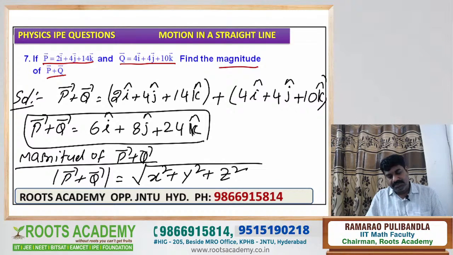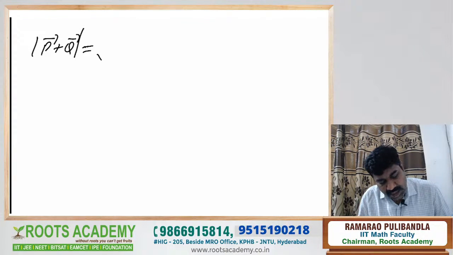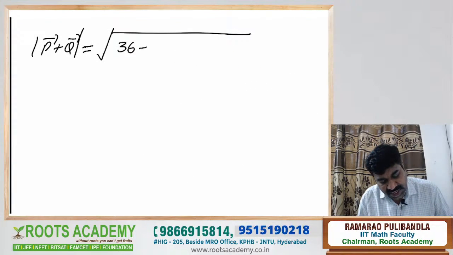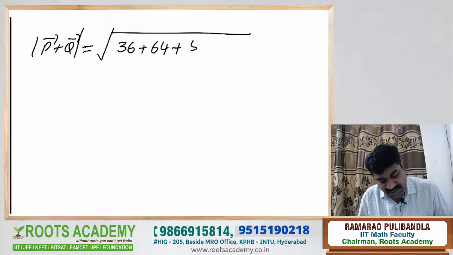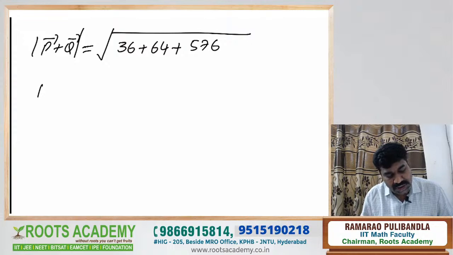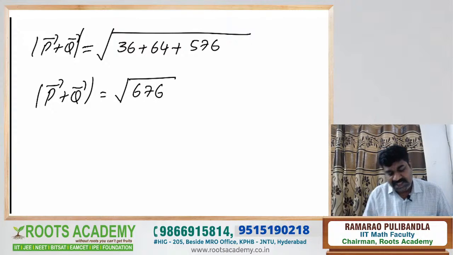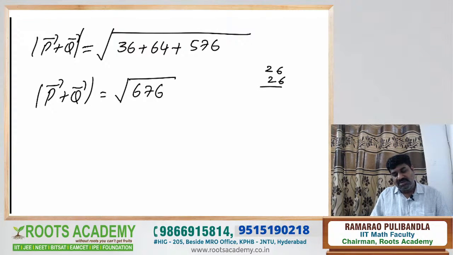So the modulus of P bar plus Q bar is the square root of 36 plus 64 plus 576. 576 plus 100 is 676, that is 26 into 26.